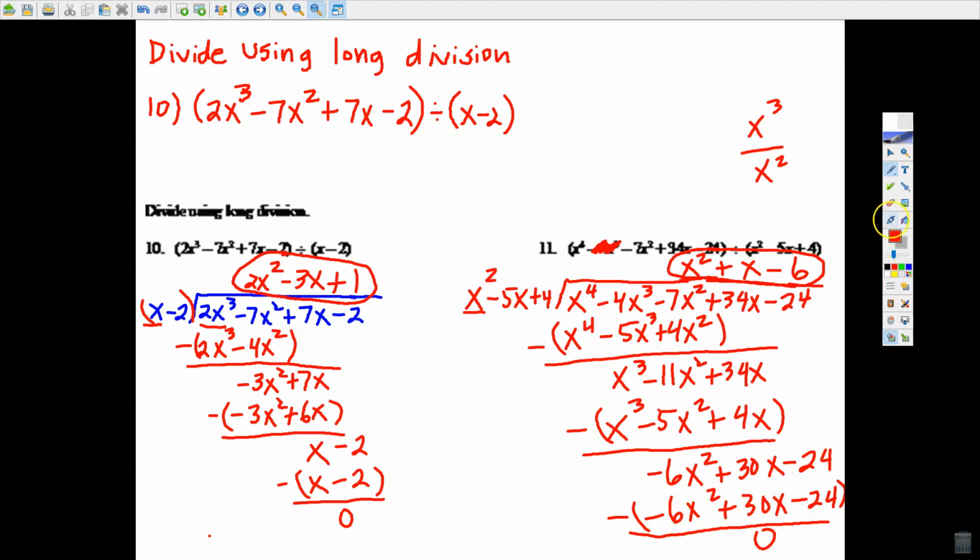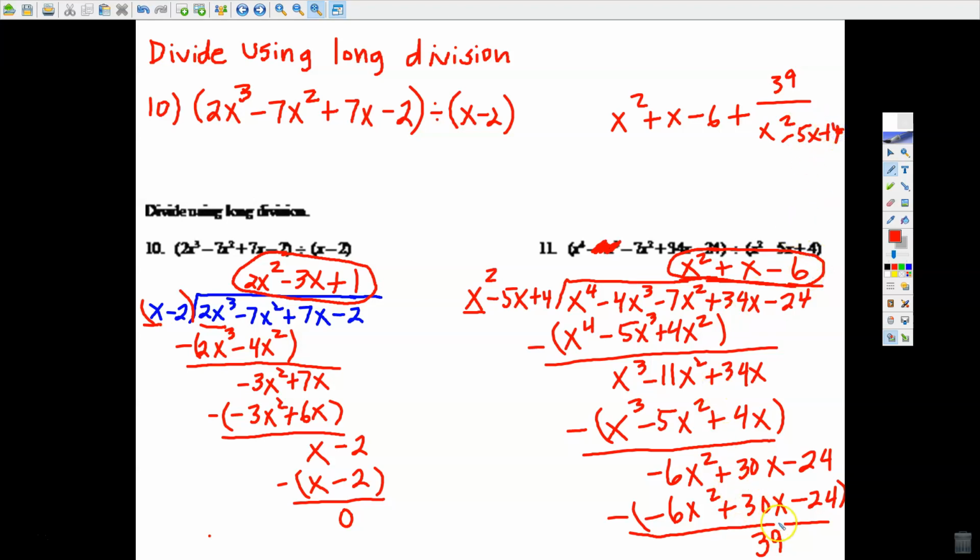If you do end up with a remainder, I know that neither one of these had a remainder, but let's just say, for example, we did end up with some number remainder. I'll just make something up. Maybe it ended up with a 39. Then, pretending we had a 39 remainder, we would have x squared plus x minus 6, and then we would put plus 39 over x squared minus 5x plus 4.